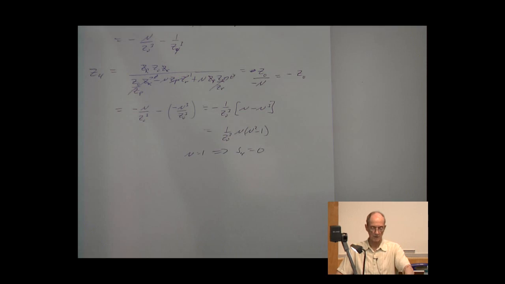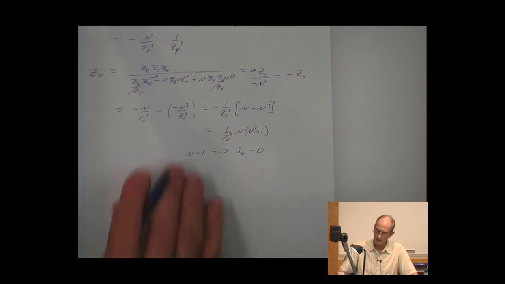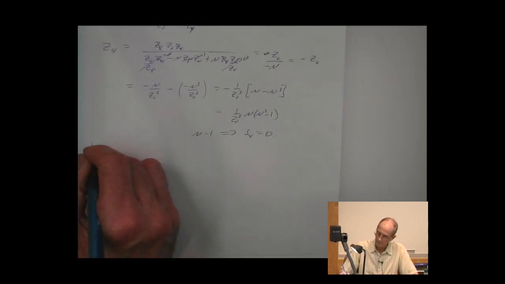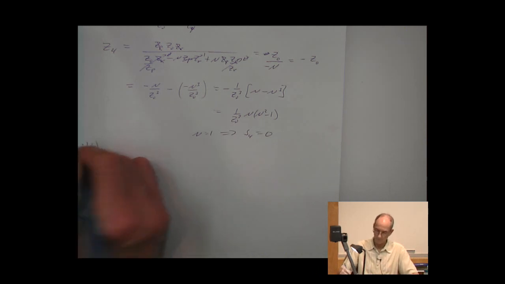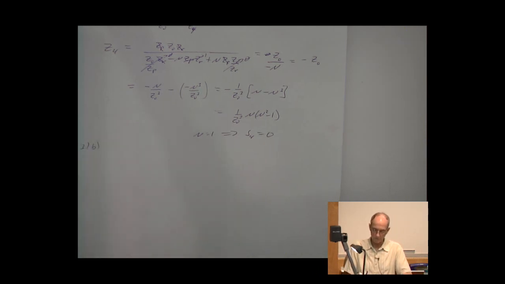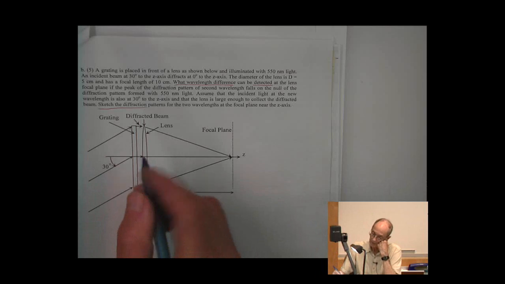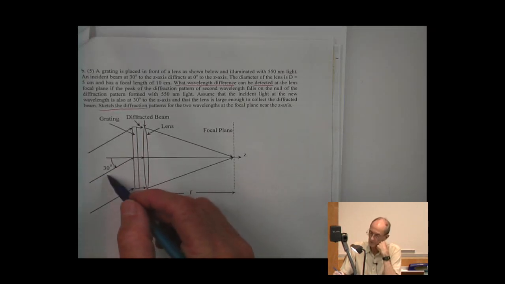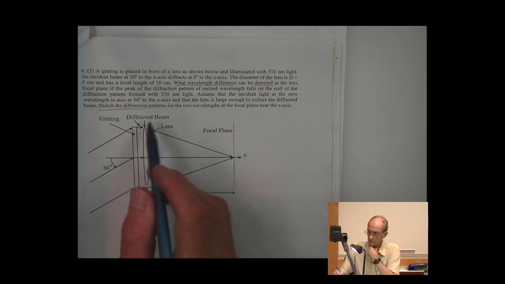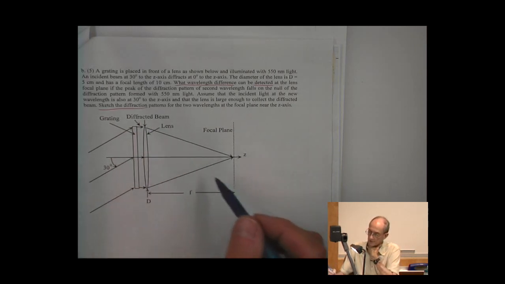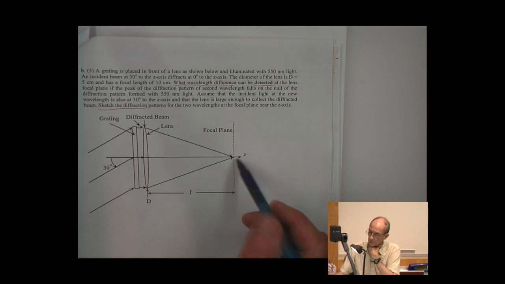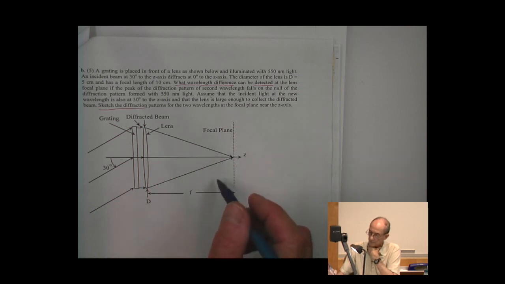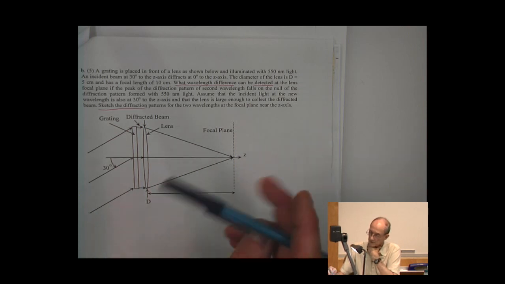All right. Okay, and then 3b is the spectrometer question, kind of. Okay, so here again we have a grating placed next to a lens. We illuminate the grating here at 30 degrees and we diffract light off along the axis, and then it comes to focus here in the back focal plane of the lens.